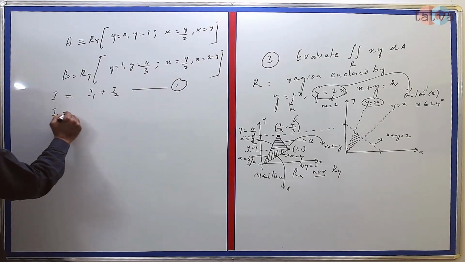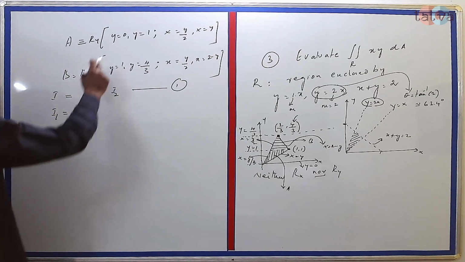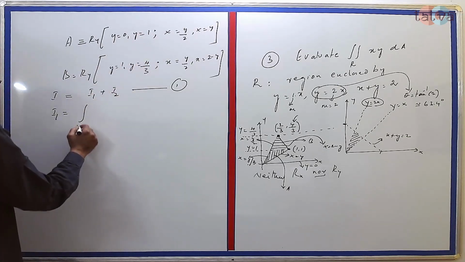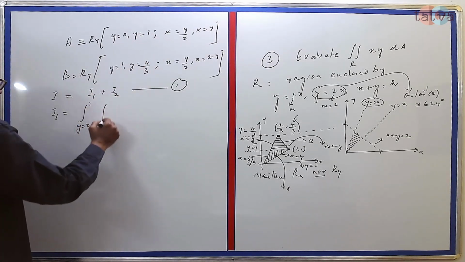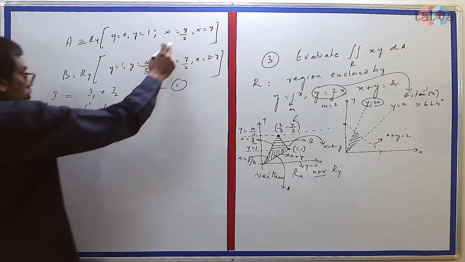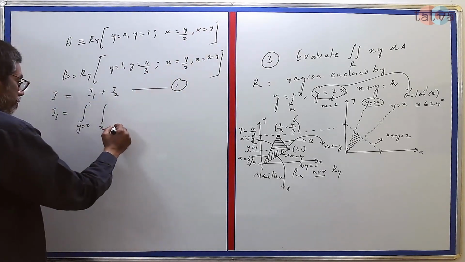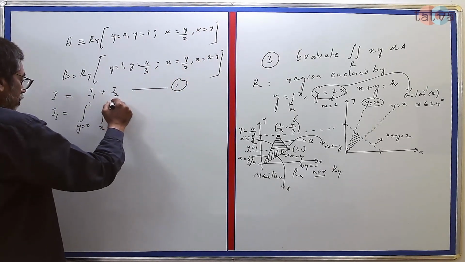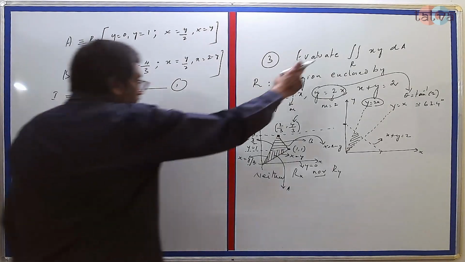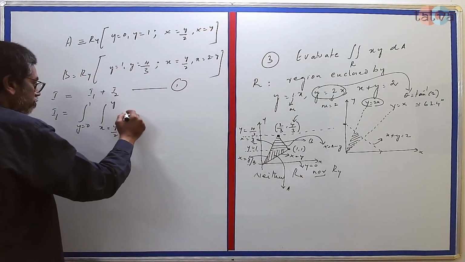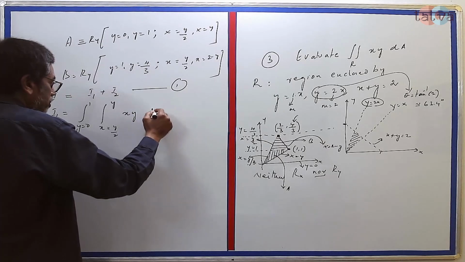What is I1? Integral y is equal to 0 to 1, x is equal to y by 2 to x is equal to y. The function is xy. The order is dx dy.